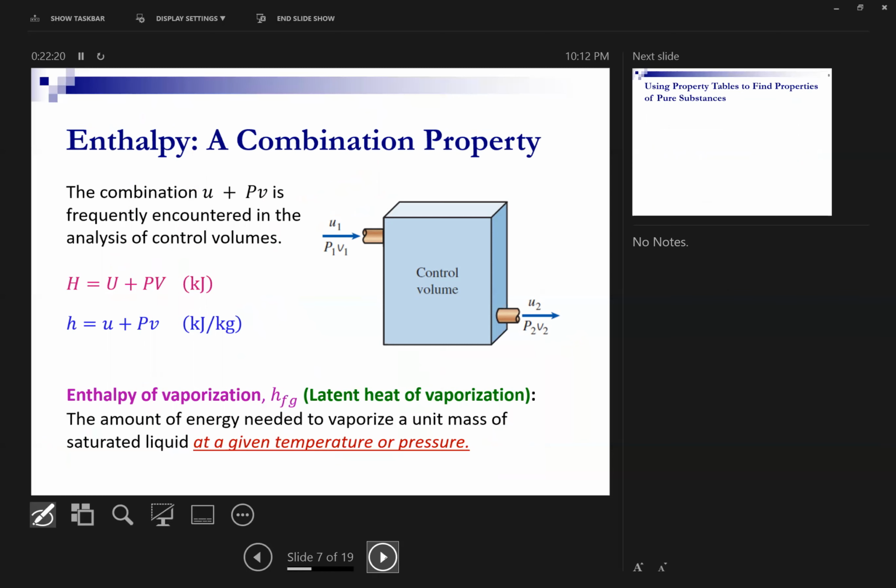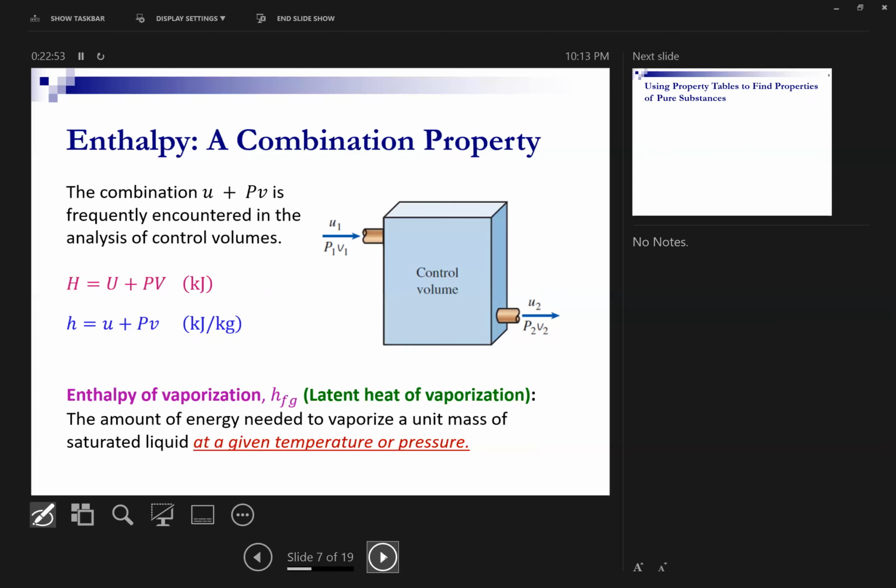In open systems, the energy transferred by the fluid into a control volume is the summation of the internal energy of the flow that is entering the system and the pressure work, which is PV, right? The summation of these two, U plus PV, is called enthalpy.